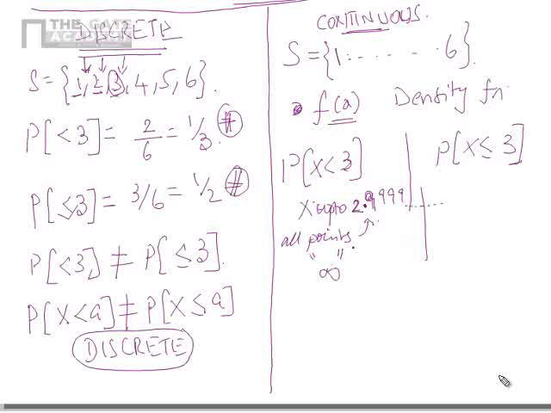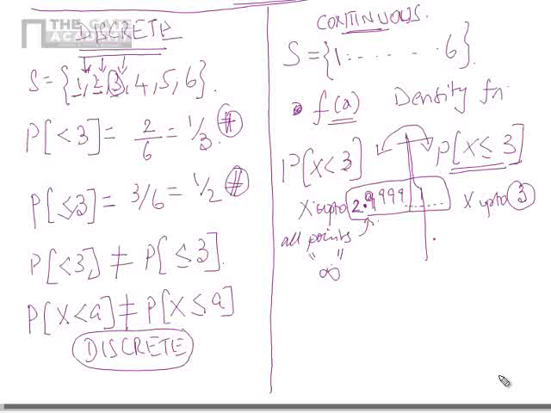Now, the probability that x is less than or equal to 3, what does this mean? Here, x can take up to 3. That is, this number whatever I wrote, 2.9999999, so long I am writing, the difference between here and here is just this one point called 3.